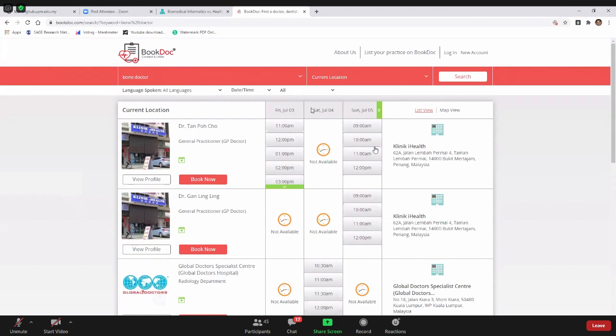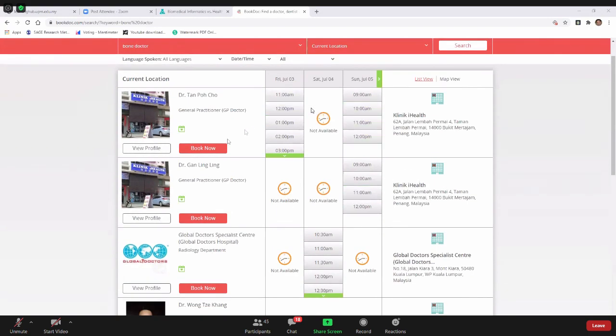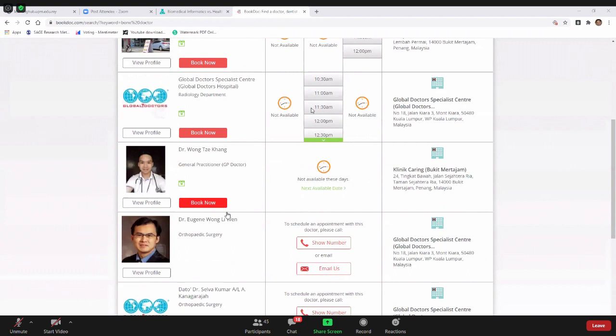Did any of you actually redeem any of these rewards, the vouchers? You can see from the screen here that you can book the time you want to see the doctor. If you look at the doctors here, they do due diligence. That means they will not list a doctor who is not actually registered with the MMA.